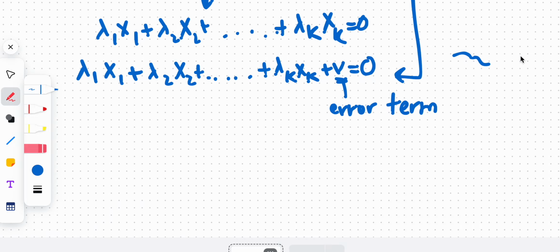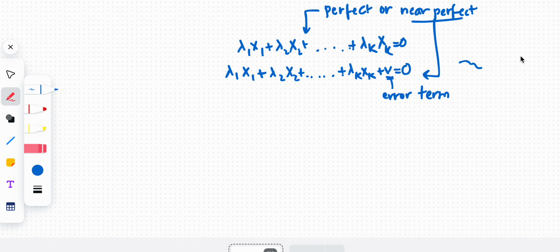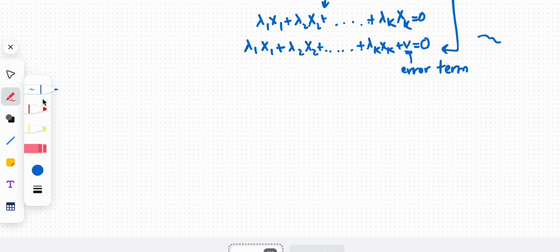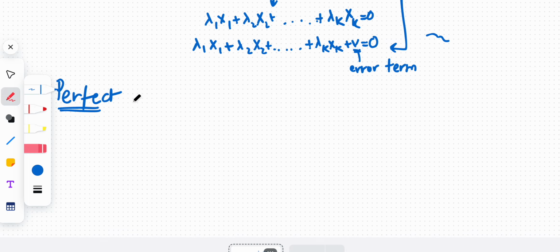Now, what are my implications in both cases? If I have perfect multicollinearity, that would basically result in my coefficients being indeterminate.